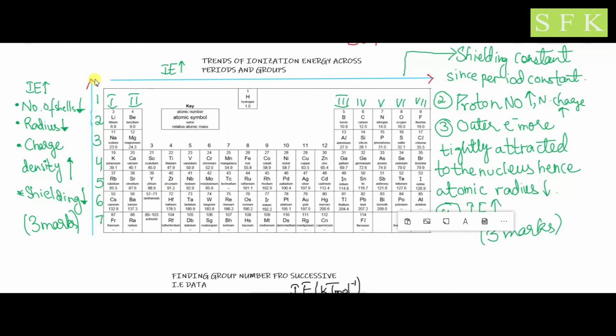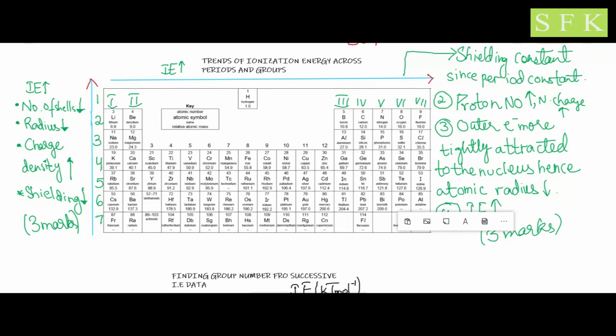The blue arrow goes up and from left to right, ascending the group and across the period. In both cases, the ionization energy increases.